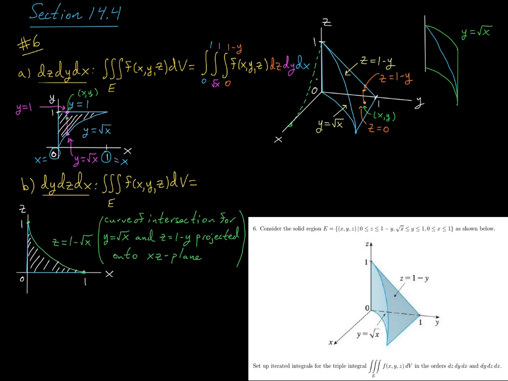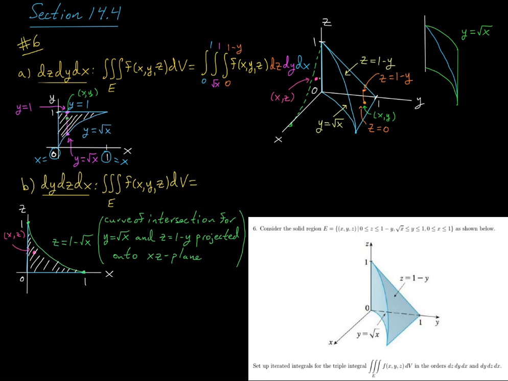Well, we're going to fix a point in this region here. I'll call this point, say, xz. So here's our point. Oops, not y, xz here. And now we're going to let y vary, right?